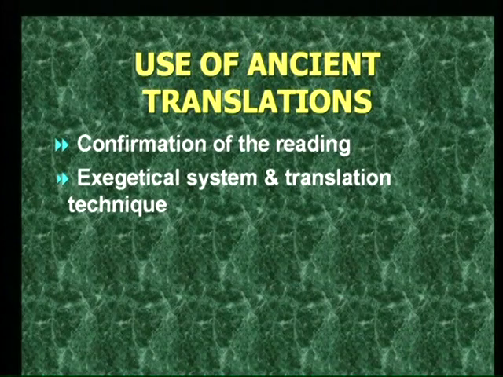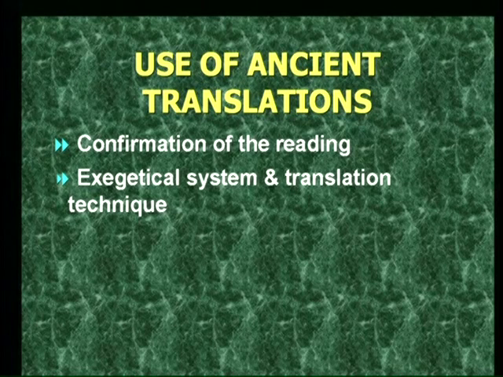So in essence, if you're going to do textual criticism and you're going to refer to the versions, the ancient versions, you have to do textual criticism of each version individually before you can dogmatically say, or with confidence say, yes, this is the weight of Septuagint evidence or the weight of Vulgate evidence.